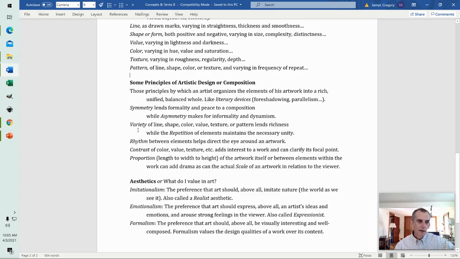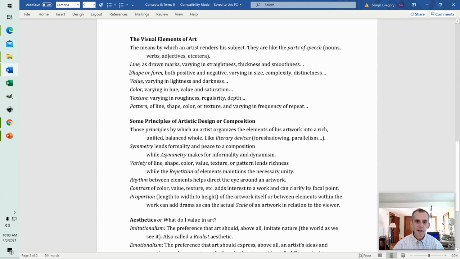Okay, so just a final thing. There's going to be two questions. Could a single artwork contain all the elements of art? Can you imagine an artwork that had in it line, shape, value, color, texture, pattern, and form?